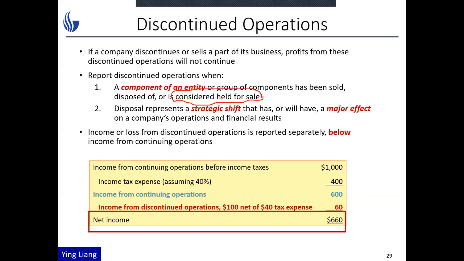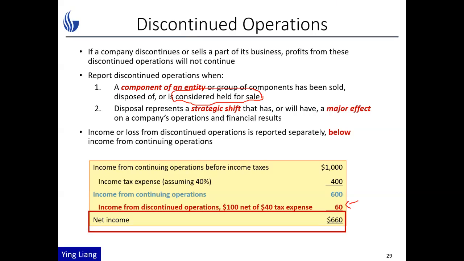One more thing is that this separate reporting includes the taxes as well. The income tax expense associated with the continuing operations is the $400, and it is reported separately from the income taxes of the discontinued operations, the $40.